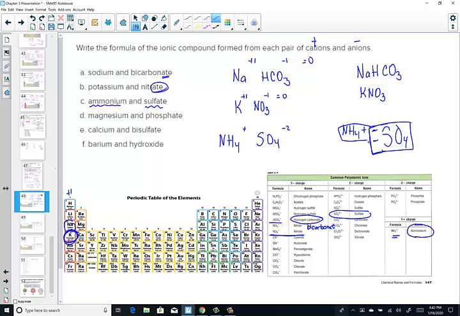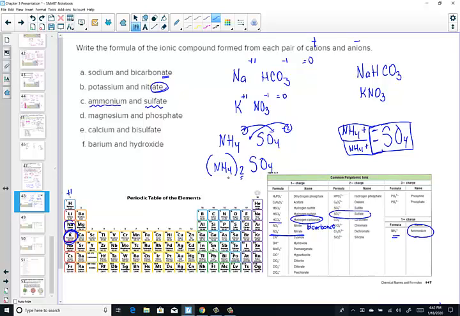One unit of a -2. Now I can see that one unit of a +1 needs a second helper. Two units of a +1 will balance the charge of a -2. So remember how we do that? We bring this around and down. We need to place NH4 inside of a parenthesis and show that we need two of them to electrically balance the sulfate at a -2 charge.